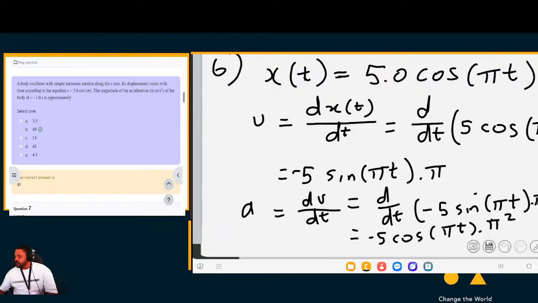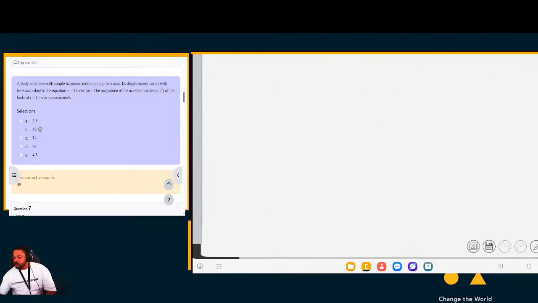Let me just clear this and rewrite it. The acceleration of this function in terms of time is equal to negative 5 pi squared times the cosine, I almost wrote sine, the cosine of pi times t.